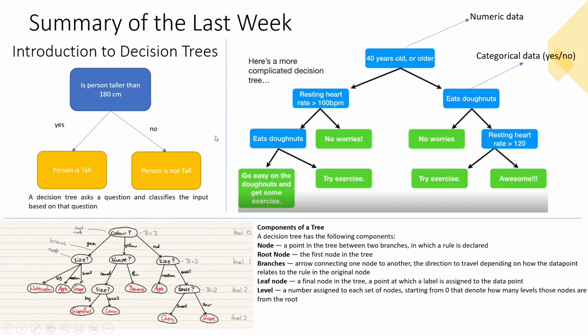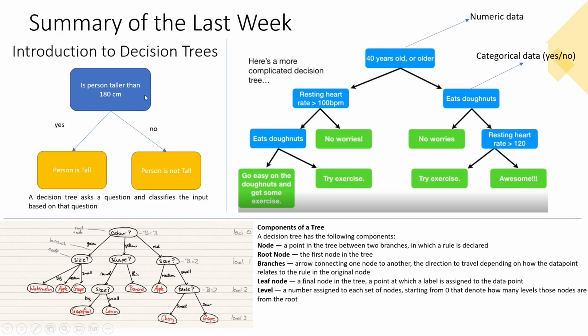So coming back to decision trees, basically we ask a decision tree a question, and depending on the answer we make a classification, such as the height of a person. If the person is taller than 180 centimeters, then we classify that person as tall, as on the left side of the tree.